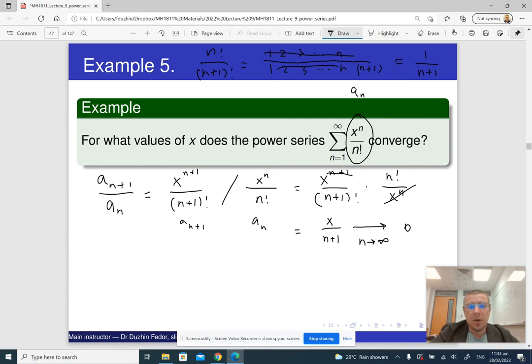According to the ratio test, if this goes to zero, it means that the series converges, well, converges absolutely. Strictly speaking, I should write absolute values in front of all the x's.